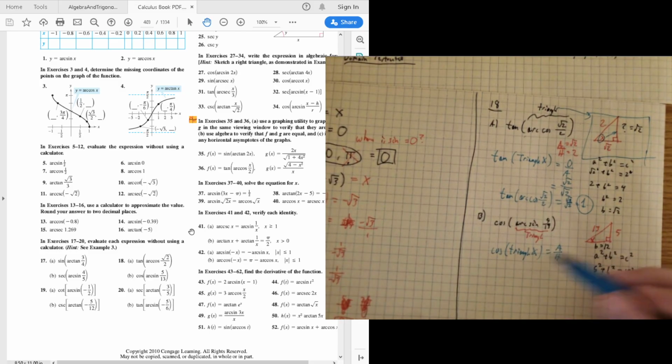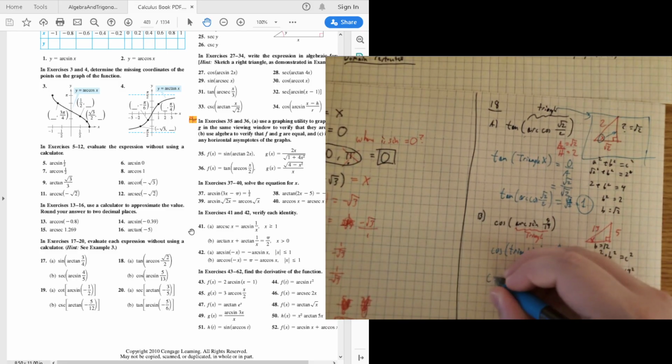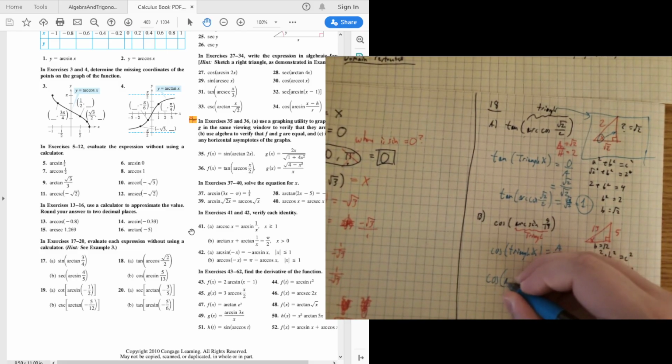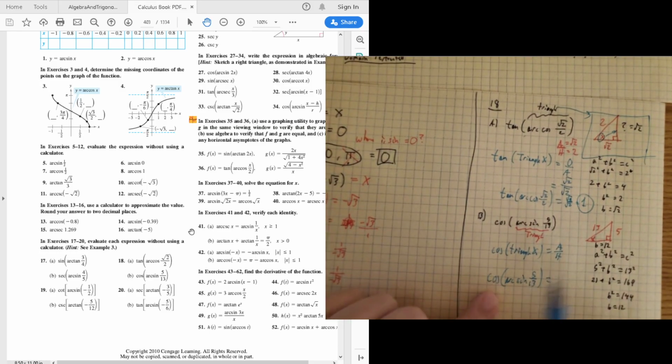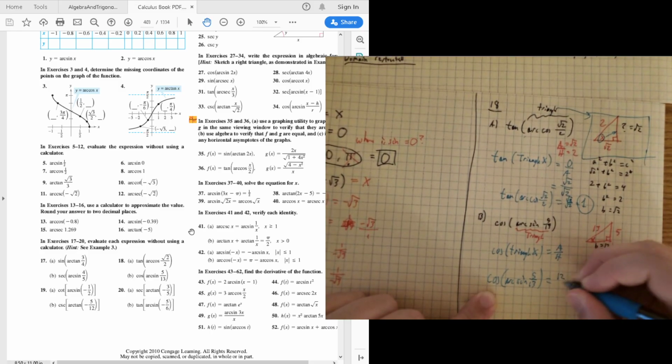So, the question asks, what is cosine of arcsine of 5 over 13? Well, it's just the cosine fraction for this built triangle, which cosine, remember, is adjacent over hypotenuse, so that'd be 12 over 13.